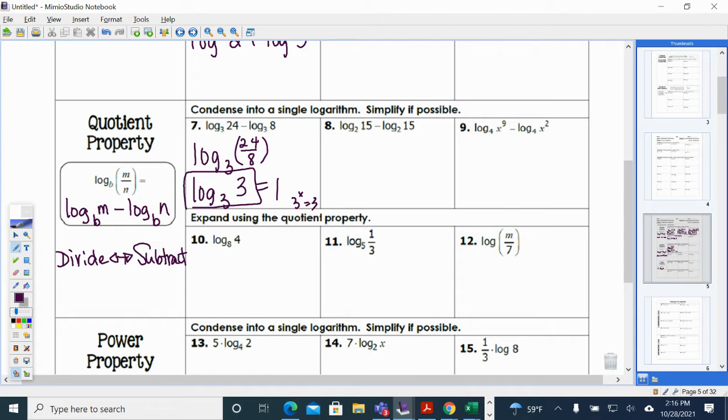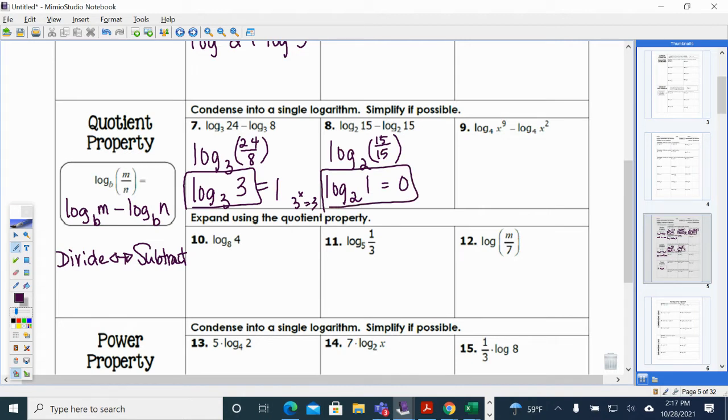Number 8, log base 2 of 15 minus log base 2 of 15 would be log base 2 of 15 divided by 15, which is 1. So log base 2 of 1. This is a property I kind of mentioned in lesson number 1. 2 to what power is equal to 1 would be 0.